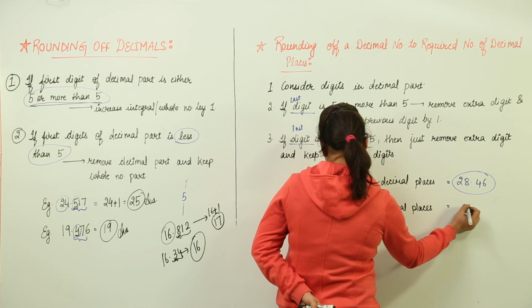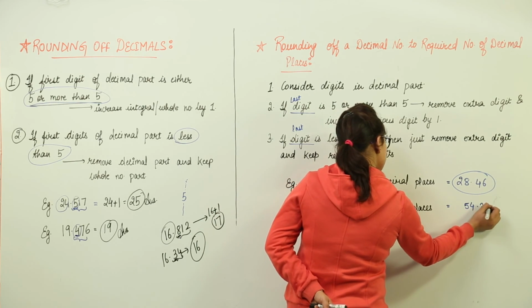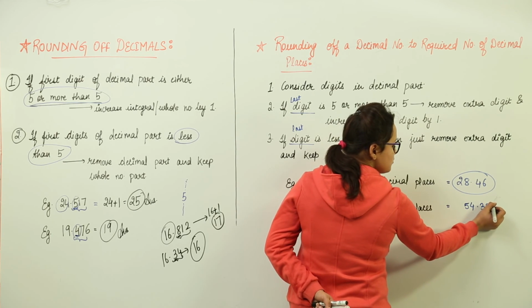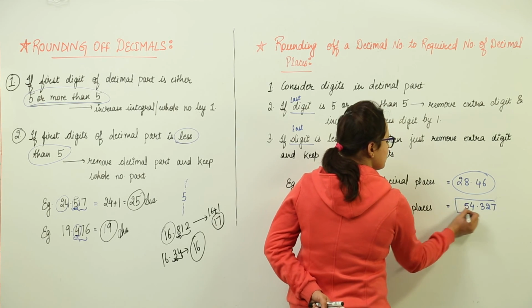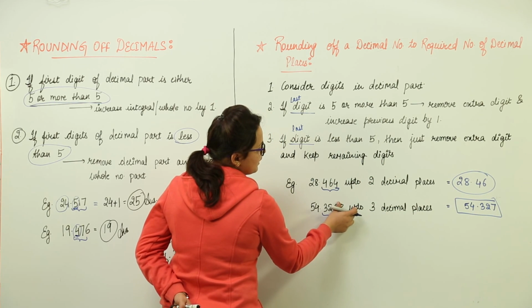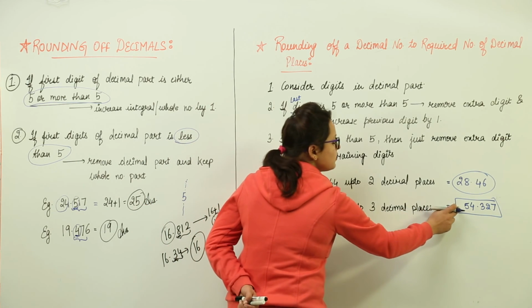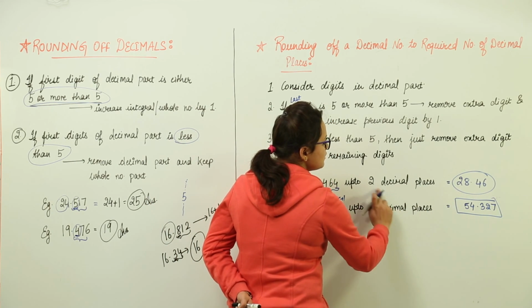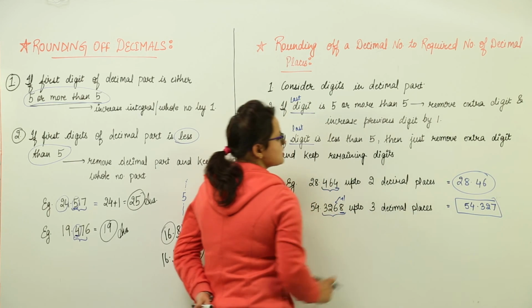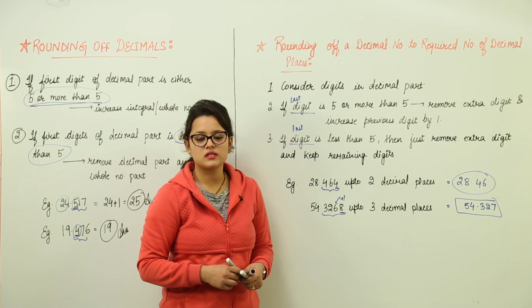So what would it become? 54.32 and you add 1 to 6, it becomes 7. So you can see I have removed 8 and added 1 to 6. By that we have got the round off depending on the required number of places. This can be done for any number of decimals, depending on whatever the question has asked.